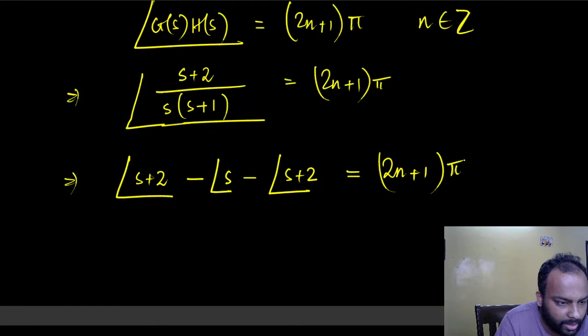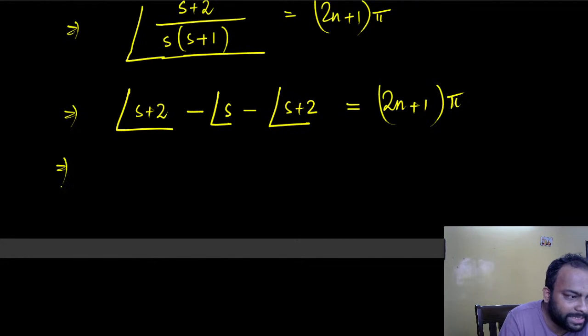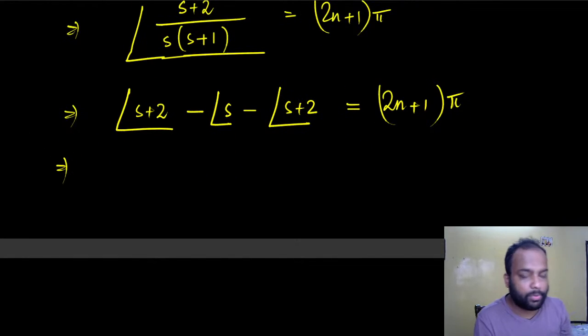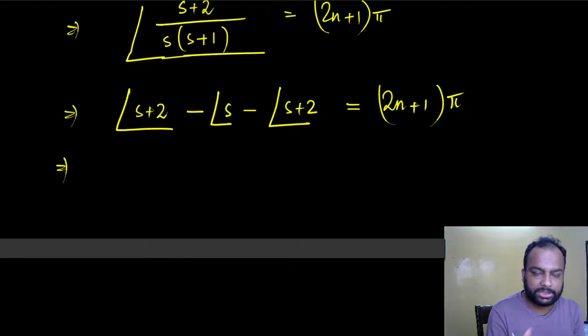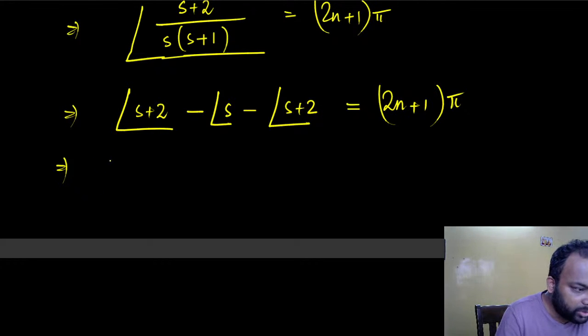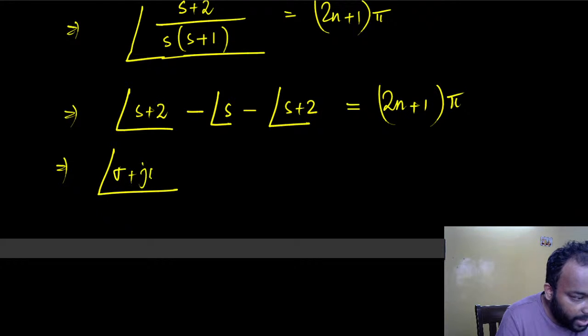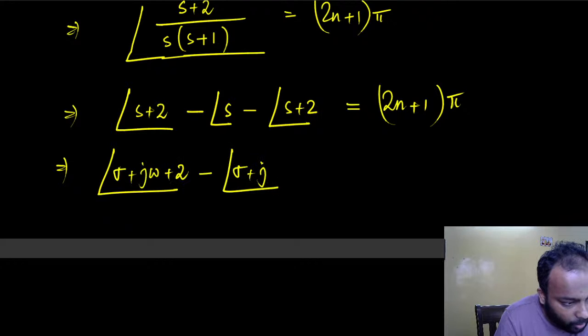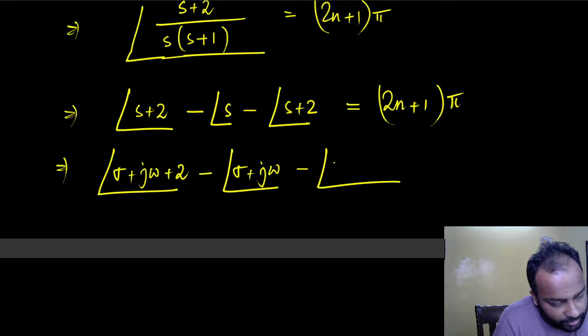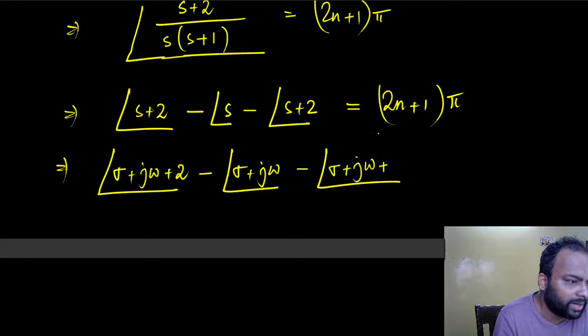Now since I know for sure that these particular roots are complex conjugate pairs, then I can simply write s equal to sigma plus j omega, right? So this is angle of sigma plus j omega plus 2, minus angle of sigma plus j omega, and minus angle of sigma plus j omega plus, what did I write?